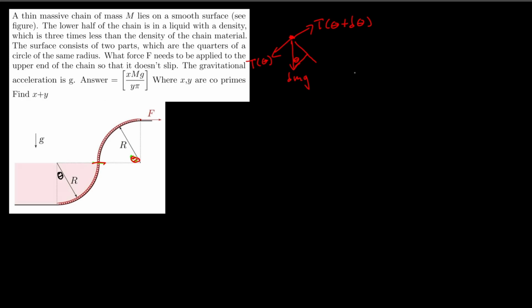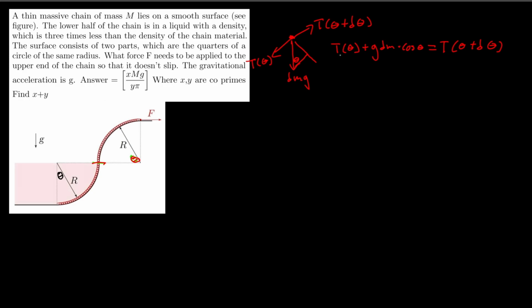Now we can write the equation to represent the forces acting on this object in the direction of tension. So we know that T of theta plus g times dm times cosine theta is equal to T of theta plus d theta.